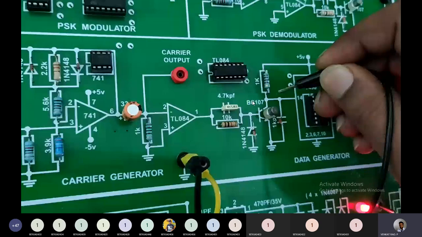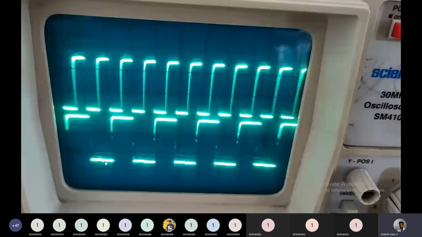Okay, so let me put that CRO screen in dual mode and try to observe both the signals. Now let us see. This is the actual digital input data which is generating, and this is the clock signal.